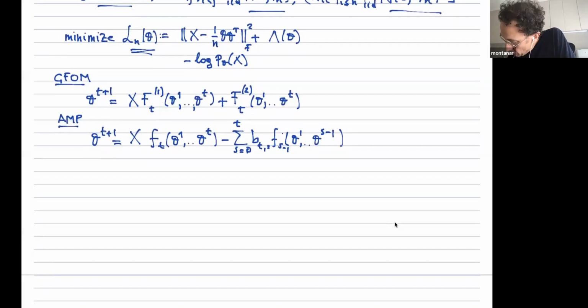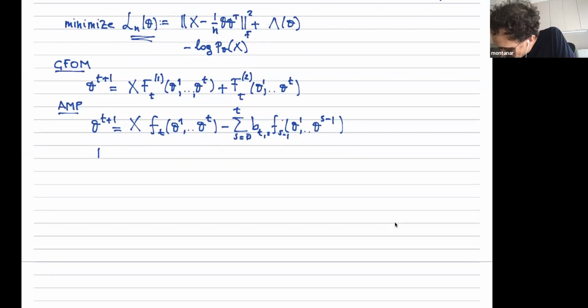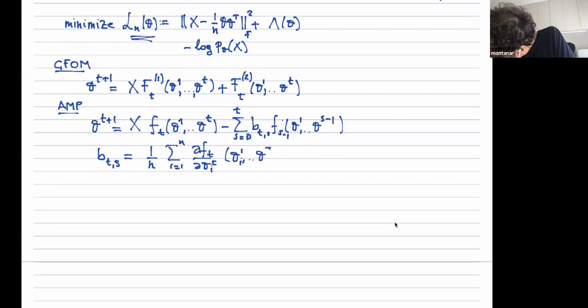Here these coefficients b are computed by taking the derivative with respect to θ.